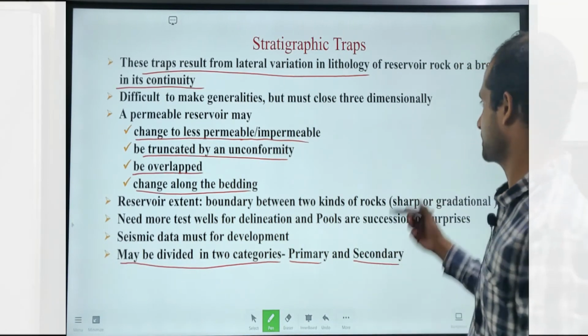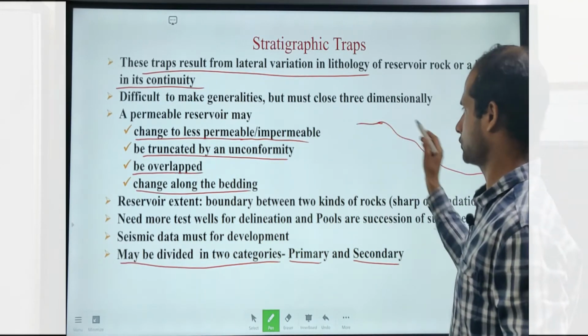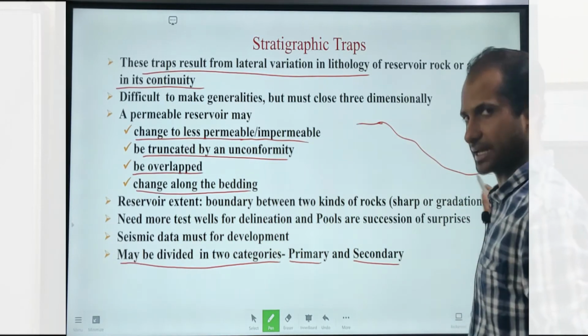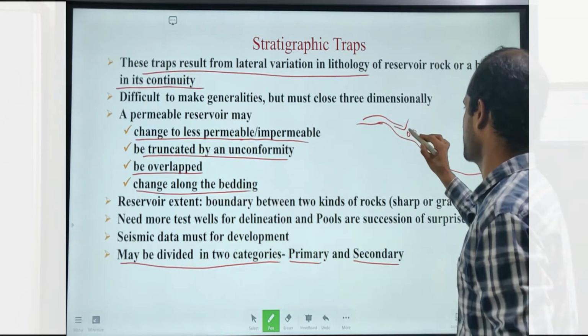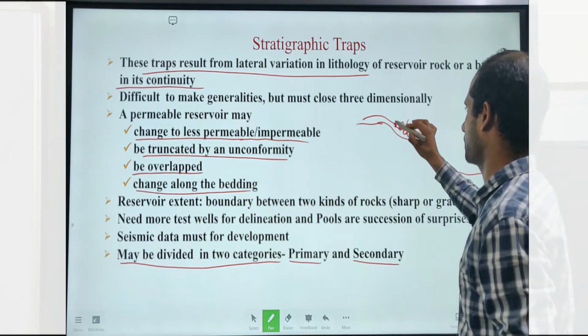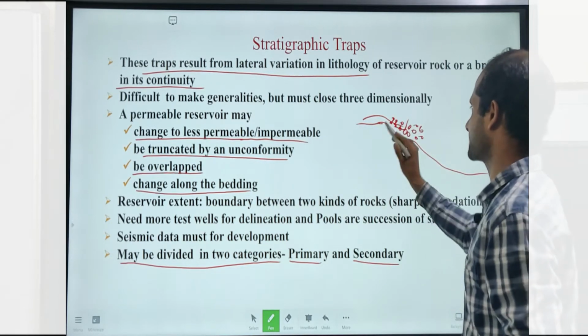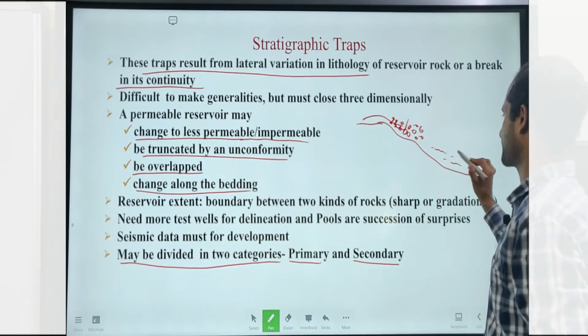How during deposition? Suppose you have a basin containing a shelf, slope and rise, as you all know. Sediment is coming from this side. On the shallower side you will get coarser sediment, on the deeper side you will get finer sediment.